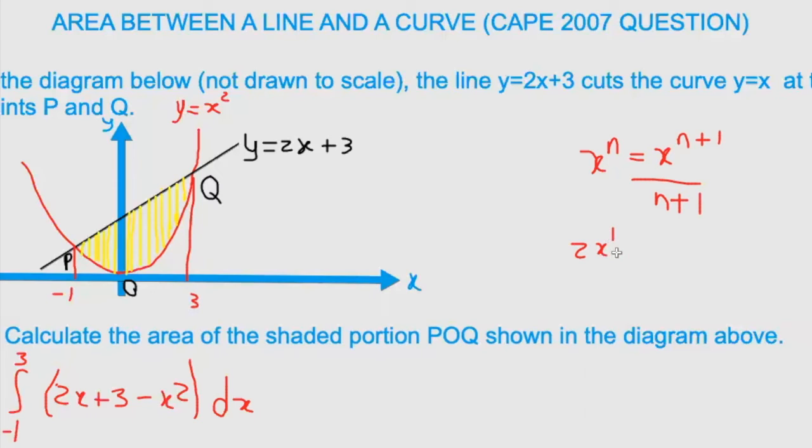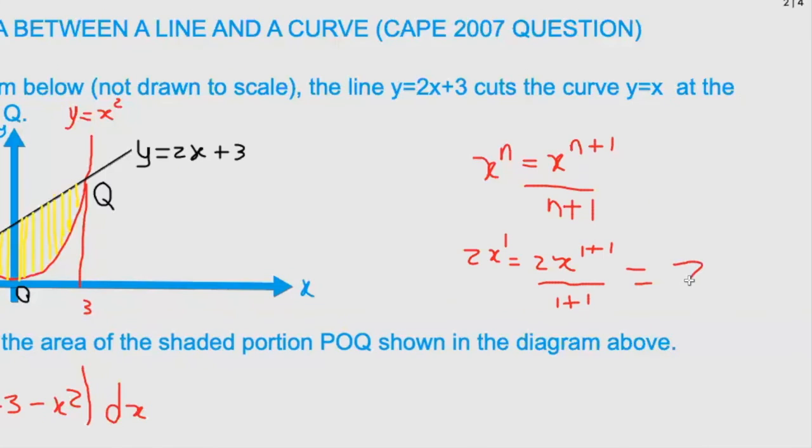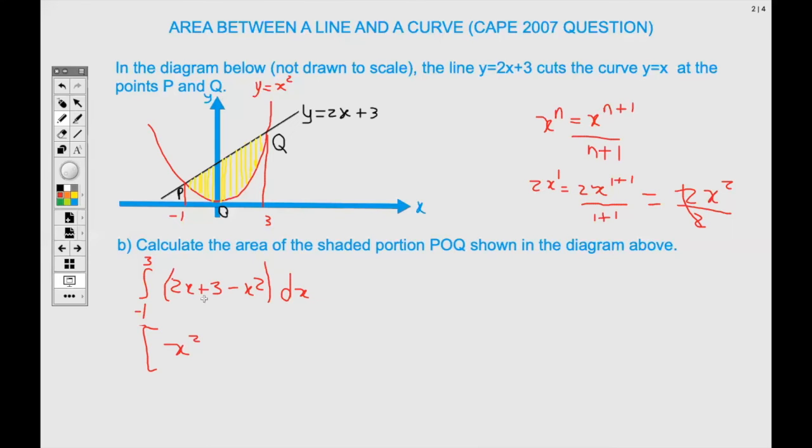So integrating this, I am going to have 2x to the power 1 plus 1, all over 1 plus 1. So I'm going to have 2x squared all over 2, then cancel this, so I have just x squared.